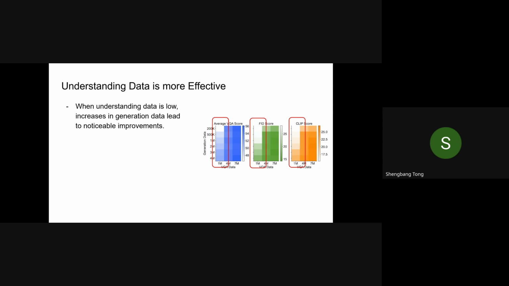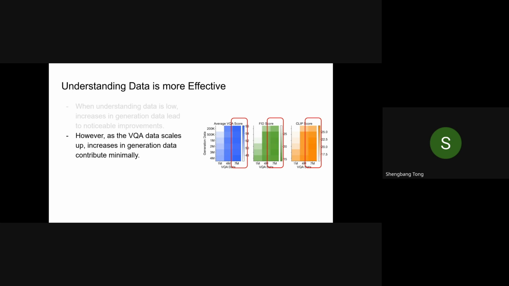So the first thing we notice is that when understanding data is low, meaning we only have 1 million understanding data, then increases in generation data will lead to noticeable improvement here. We see the color going from white to darker and darker as you have more and more generation data when the level of understanding is quite low.